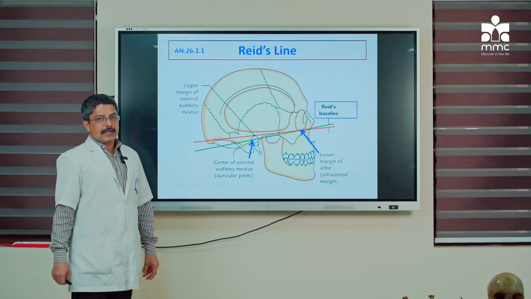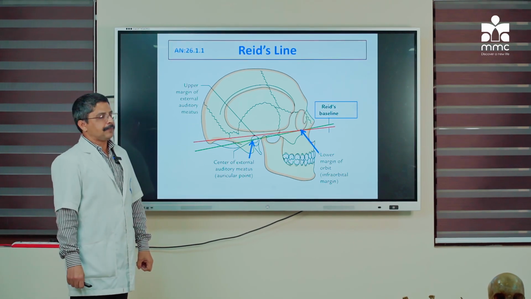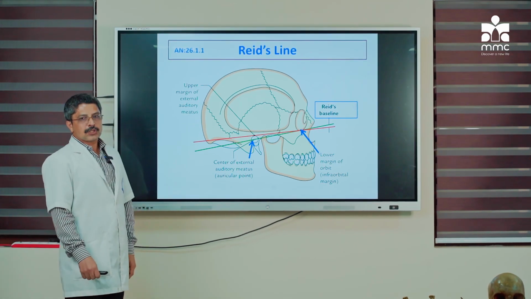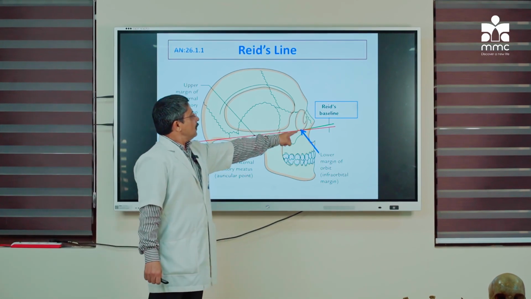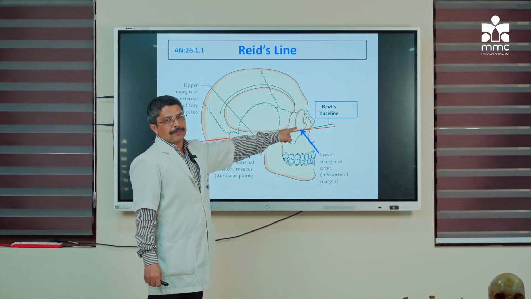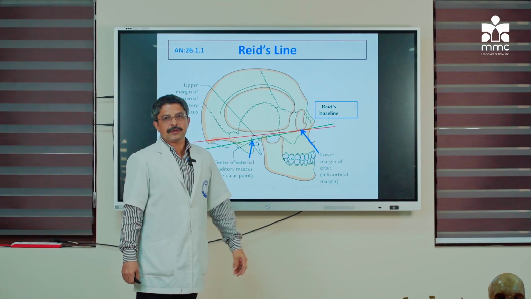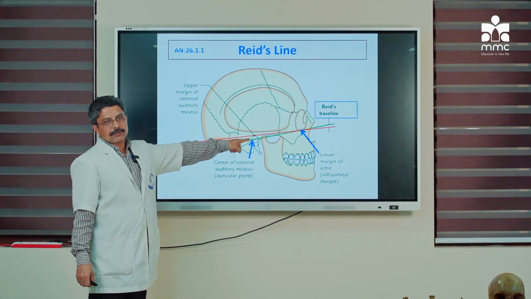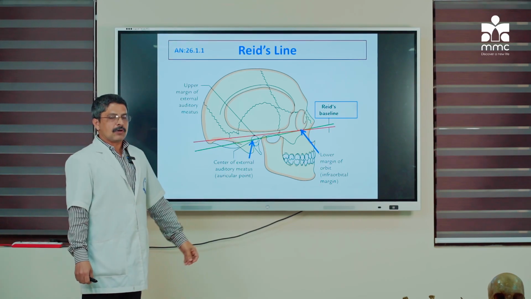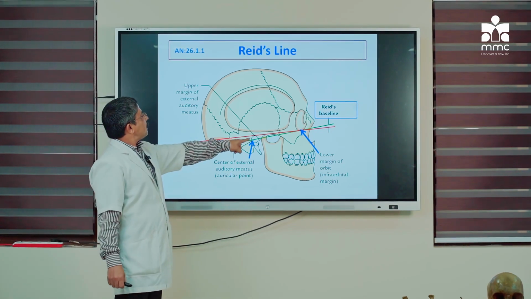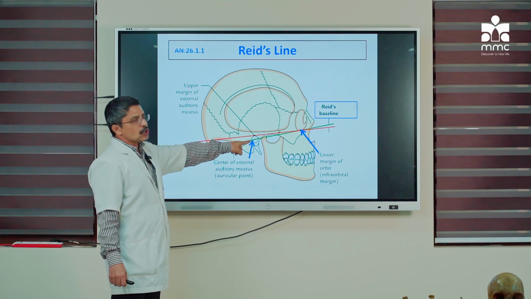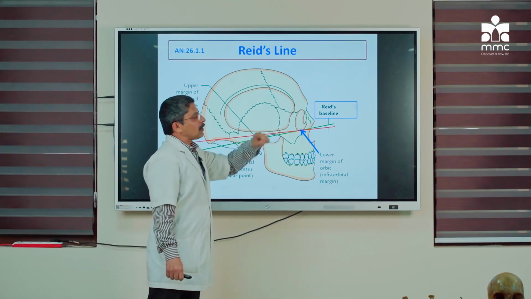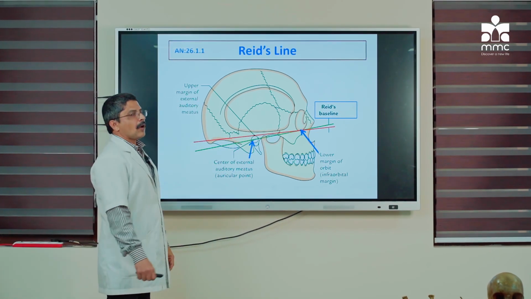The second one is Reid's plane or Reid's base line. Let us see this one. First, we determine the inferior border of the orbit, the lower border of the orbit, point A. Point B is the center of the external acoustic meatus. So the center of the external acoustic meatus should be connected with the lower border of the orbit, or infraorbital margin.